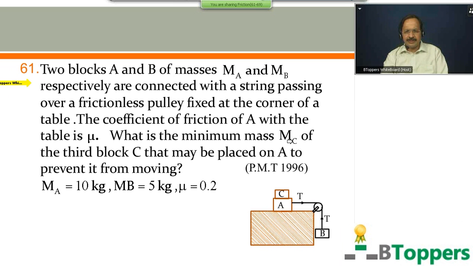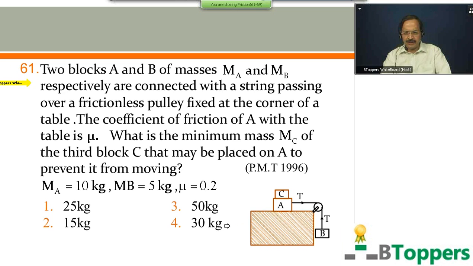What is the minimum mass MC of a third block C that may be placed on A to prevent it from moving? Mass of A is given to be 10 kg, mass of B is 5 kg, and mu between A and table is 0.2. Come on, start trying the problem.